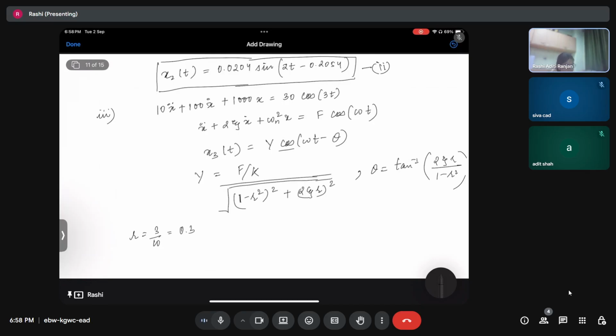So now capital Y is going to be 30 by 1000 divided by under root of (1 minus 0.3 square) whole square plus (2 eta r) square.